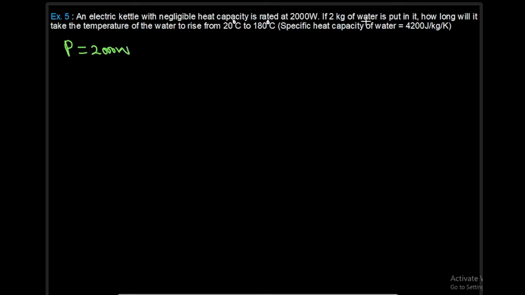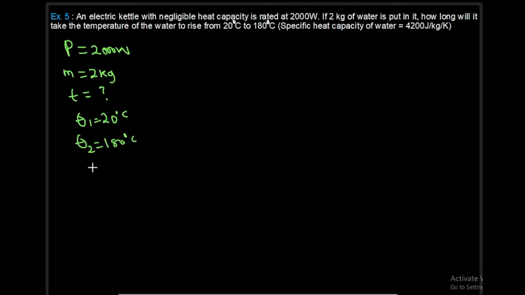It said if 2 kilograms of water is put in it, so we have mass to be 2 kg. They ask how long will it take the temperature of the water to rise. How long is talking about time. The temperature rises from initial temperature of 20 degrees Celsius to a final temperature of 180 degrees Celsius.